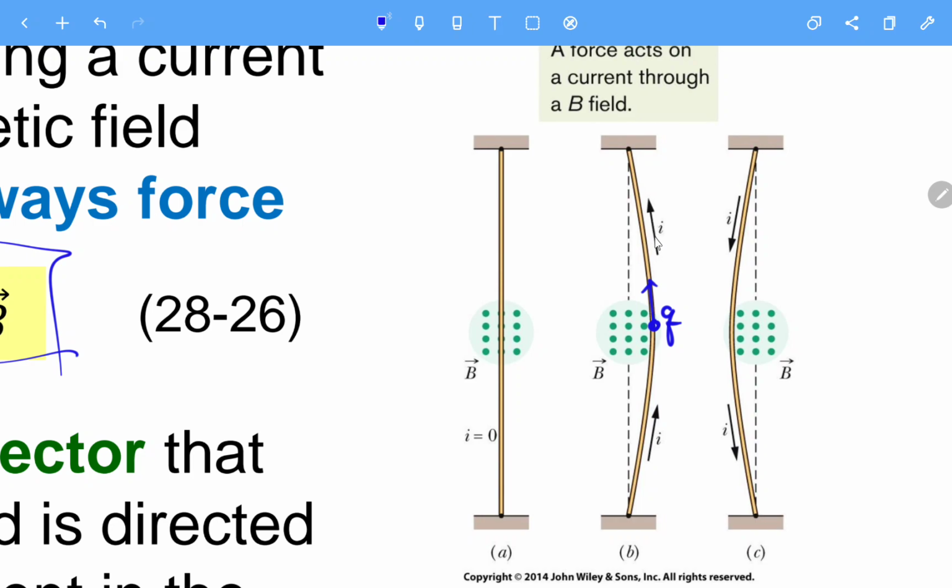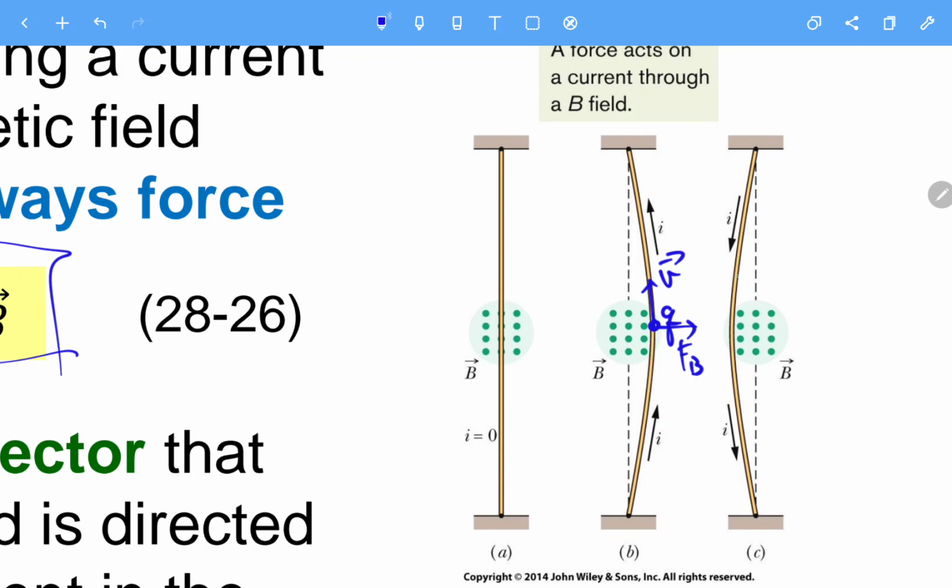In this case, we have v pointing upward, and B pointing out of the page. So v cross B using the right hand rule points to the right side. So F_B points to the right side, like this. So this is actually a kind of Lorentz force.